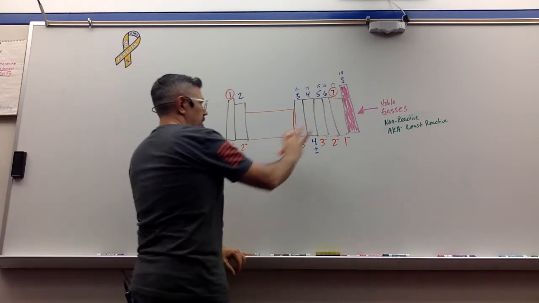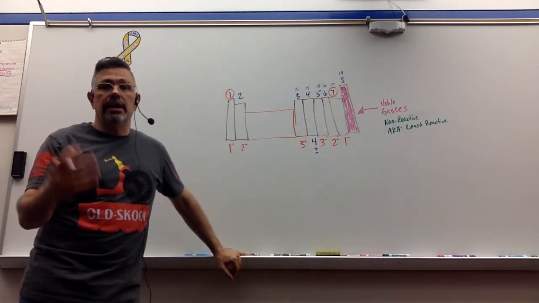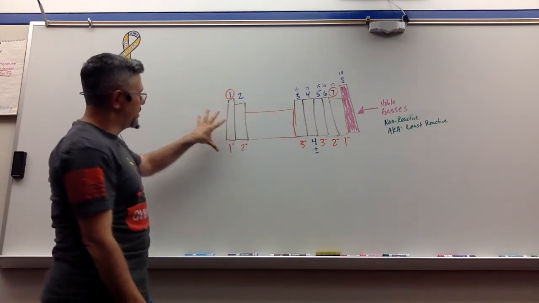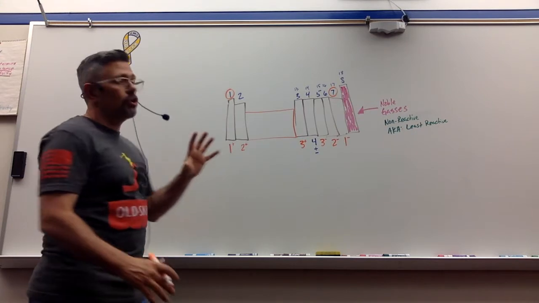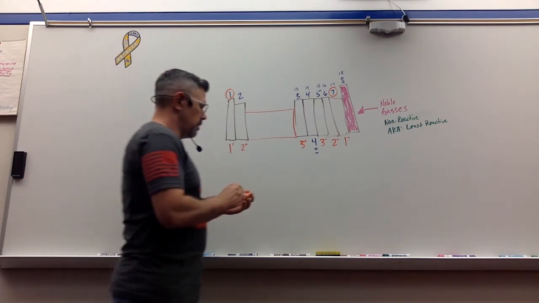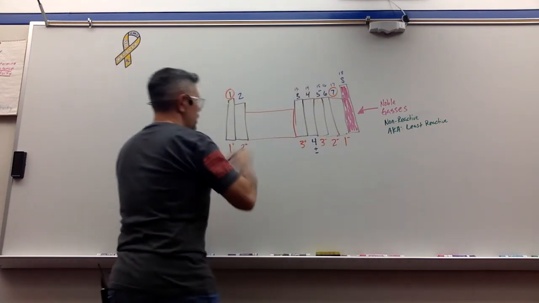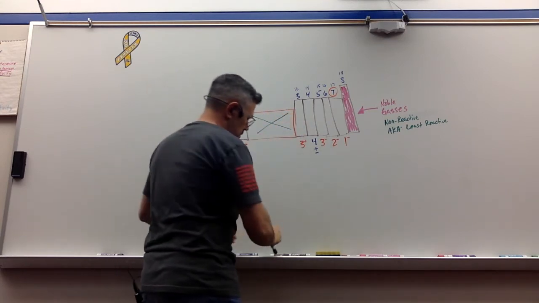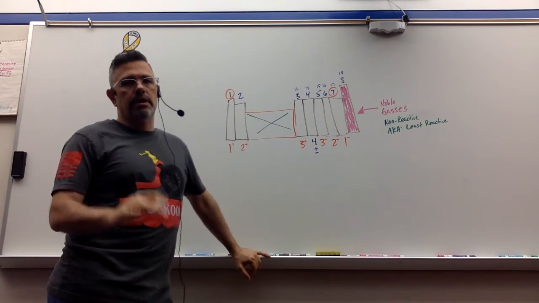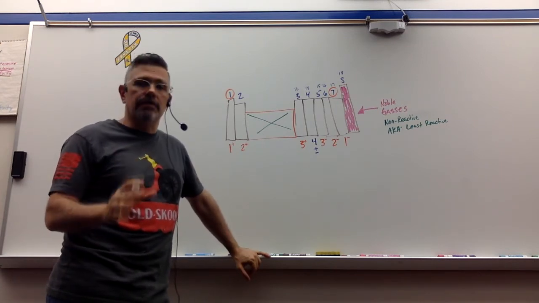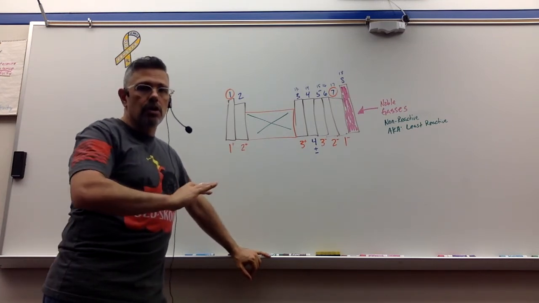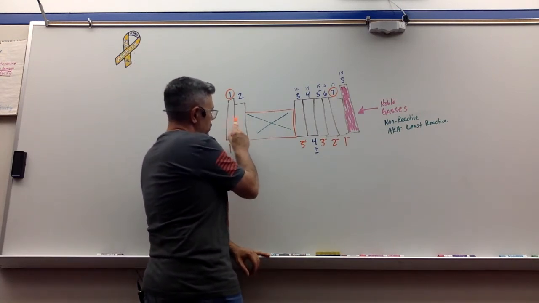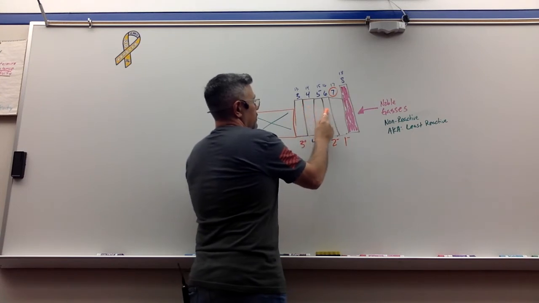The right side of the periodic table, the nonmetals, they gain electrons to form negative ions. And the left side of the periodic table, the metals, they lose electrons to form positive ions. We don't worry about the transition metals when it comes to reactivity. They don't react very often, so we don't worry about those. We worry about our main groups on the periodic table, and that is group 1, 2, 3, 4, 5, 6, 7, and 8.